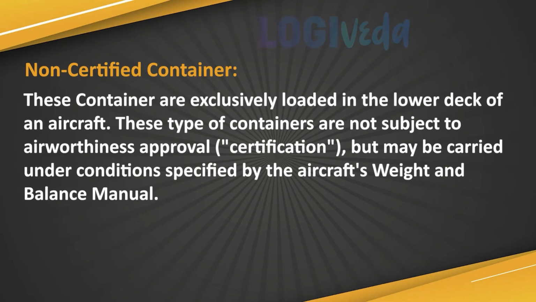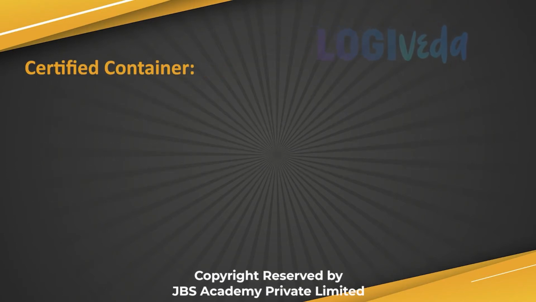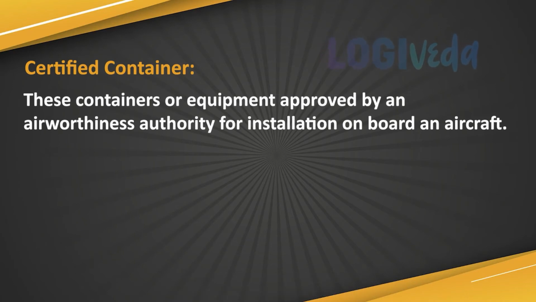These types of containers are not subject to airworthiness approval or certification because they may be carried under the conditions specified by the aircraft weight and balance manual. Certified container. These containers are equipment approved by an airworthiness authority for installation on board an aircraft.